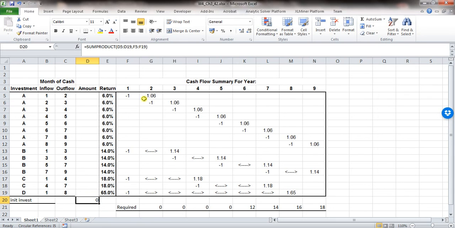Our objective is to minimize this. Because these values are negative, this will come in negative, so because we are minimizing, we will multiply this with a factor of -1.